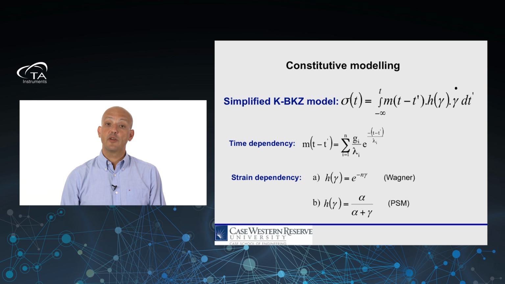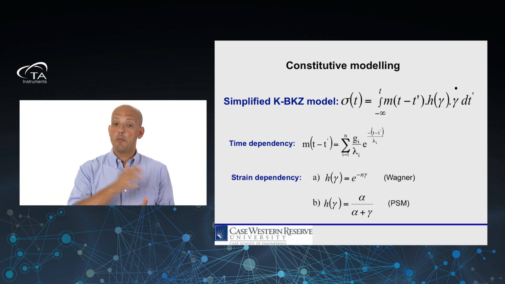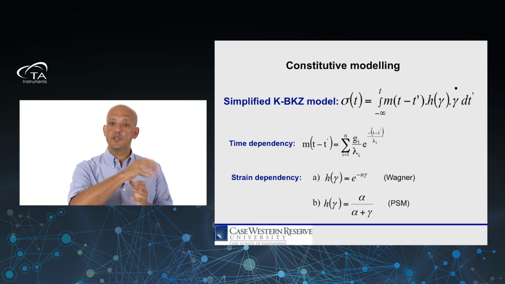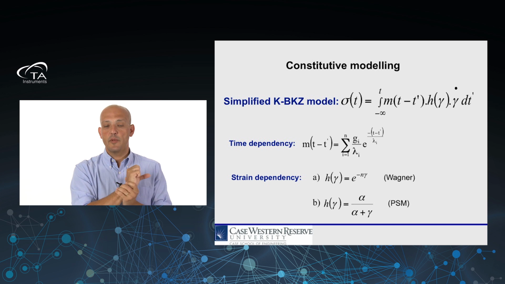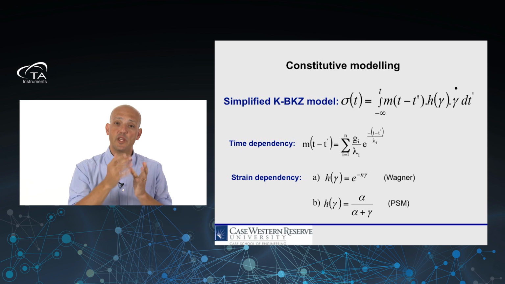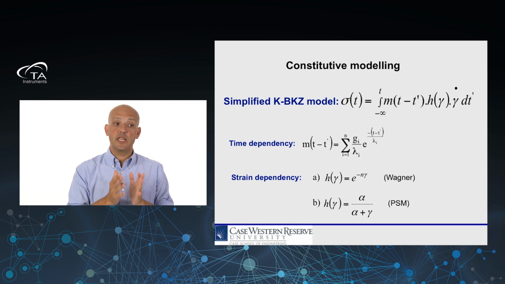So now let's look at the process itself. So we're modeling the process. What I'm showing you here is the actual modeling of the process, not the experimental results, due to obviously time constraints. Some of the audience might be familiar with these more complex nonlinear viscoelastic models, some might not, but we used a model called the simplified KBKZ model.